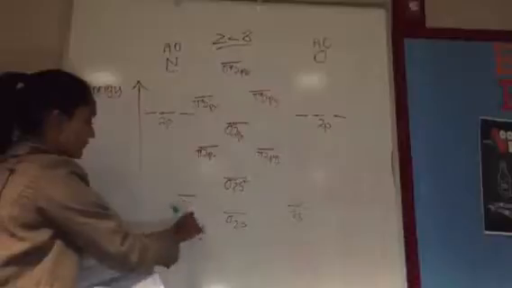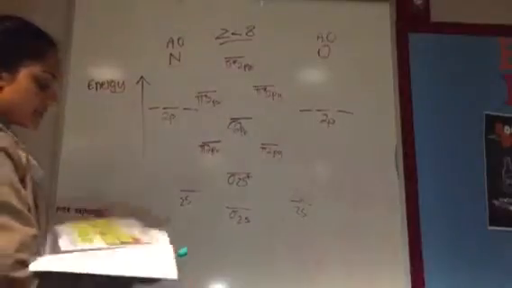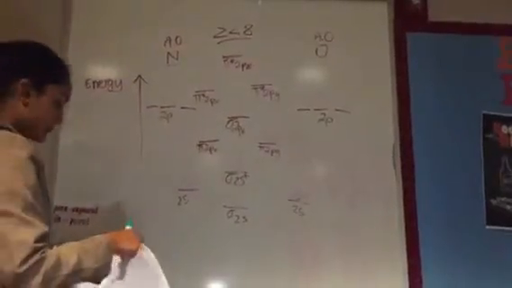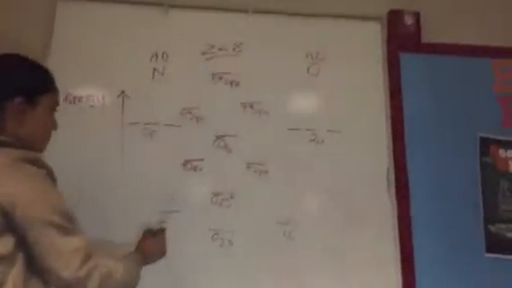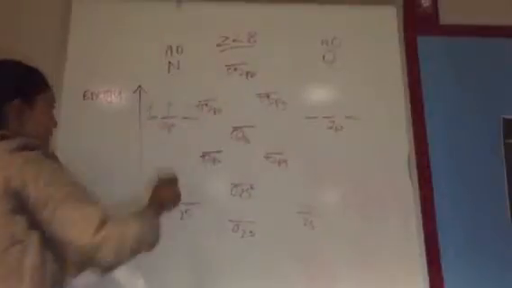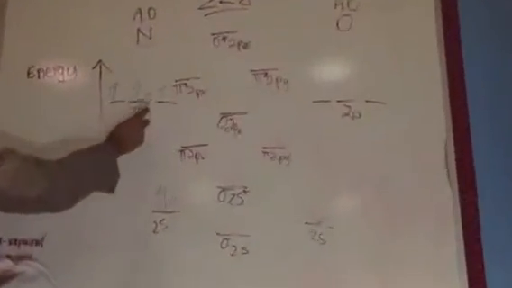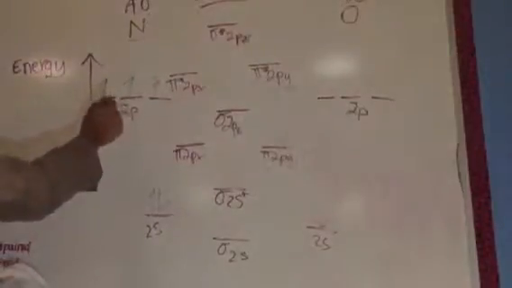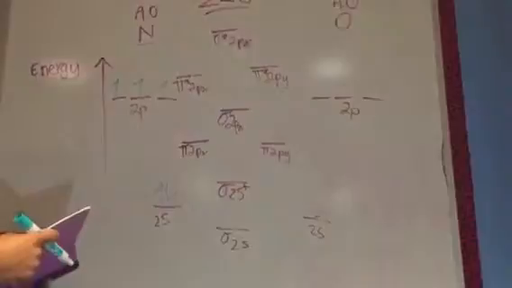levels. So first we are going to start with the 2s, and nitrogen has 5 valence electrons. So I'm going to start by filling out 1, 2, 3, 4, 5. And we have to fill each orbital first before we pair them, just because of what is known as Hund's rule.